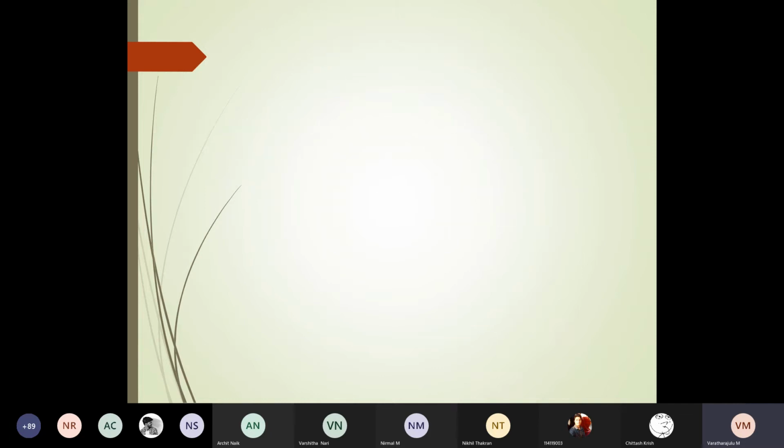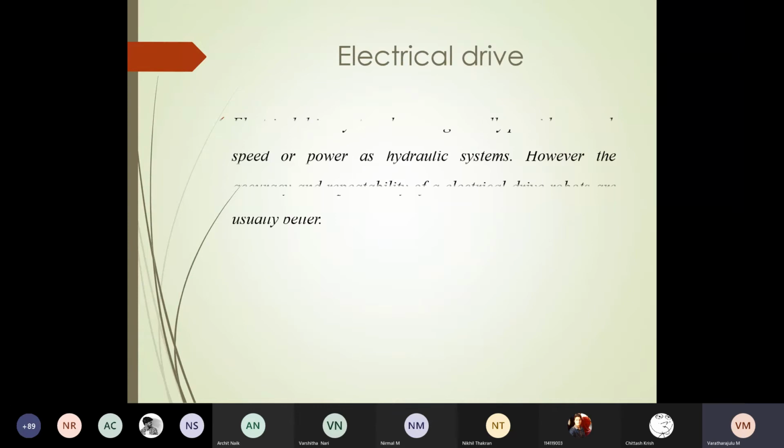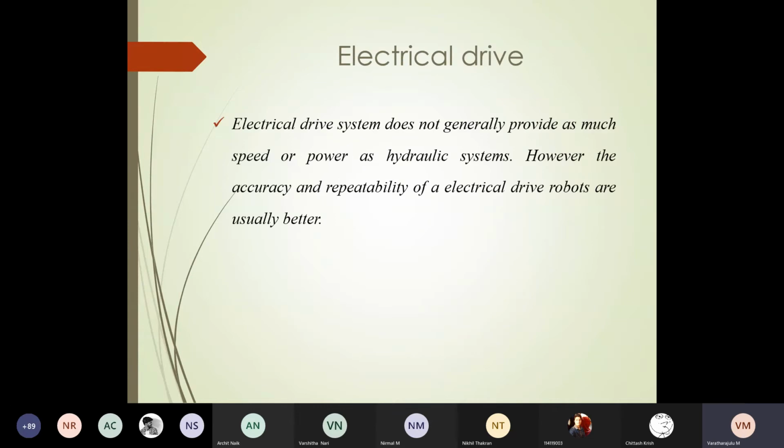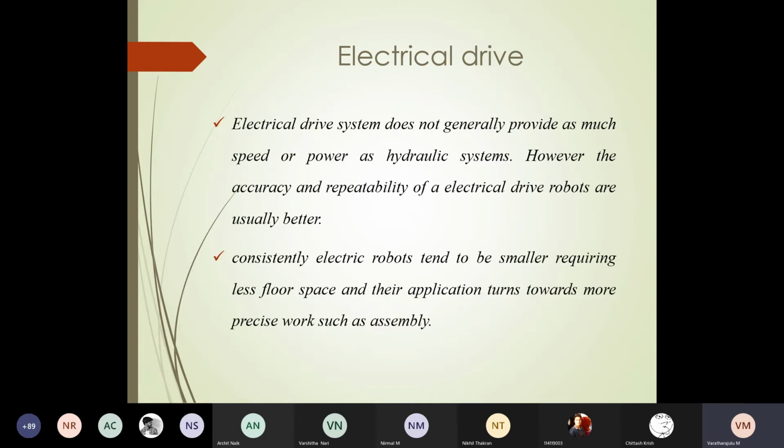And this is what concerns the electrical drives. The electrical drive system does not generally provide as much speed or power as the hydraulic system; that was the advantage of the hydraulic system, and that might be the disadvantage of the electrical drive system. However, the accuracy and repeatability of the electrical drive system is usually better than the hydraulic system.